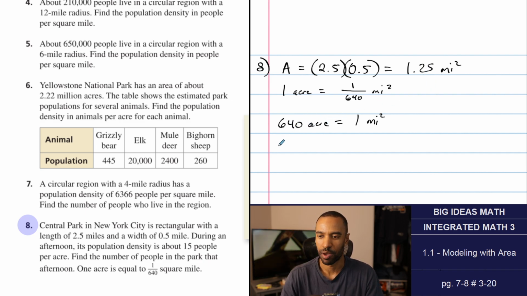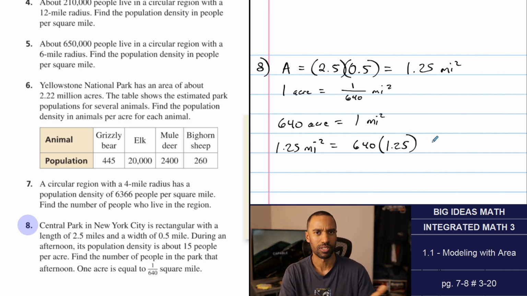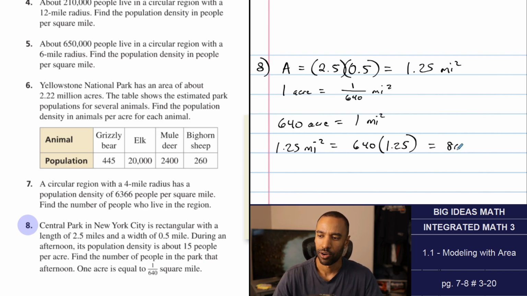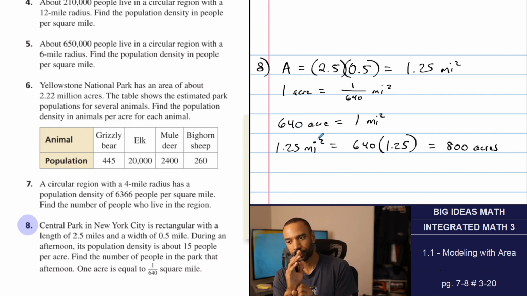So 1.25 square miles is 640 times 1.25. There are a lot of ways we can write that out. We can do proportions, things like that. This number I think is supposed to be 800. So 800 acres. Just take my word for that. Hopefully I did that right. So 800 acres is the amount we need.